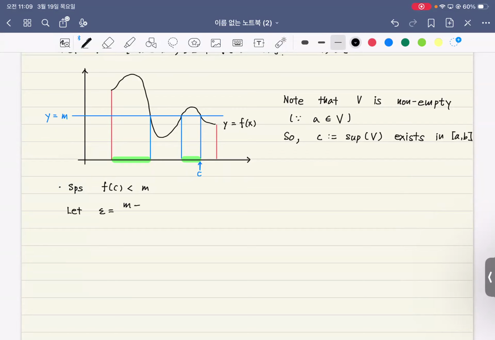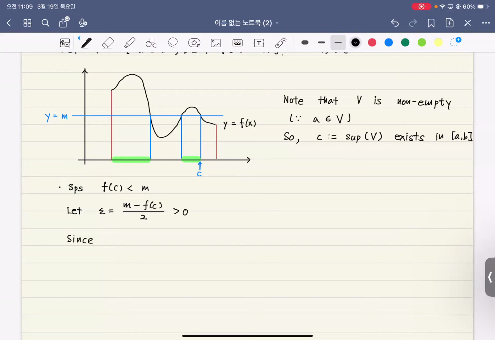m is greater than f of c, so (m minus f of c) divided by 2 is a positive number. And for this positive number epsilon, I'm going to take advantage of the definition of continuous functions.